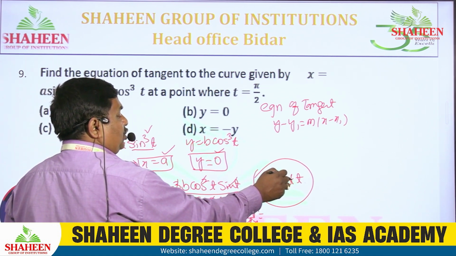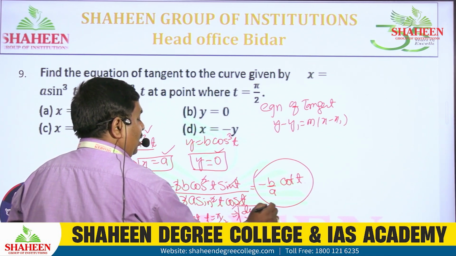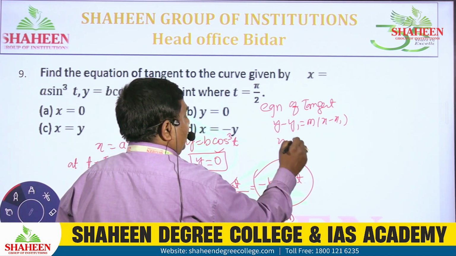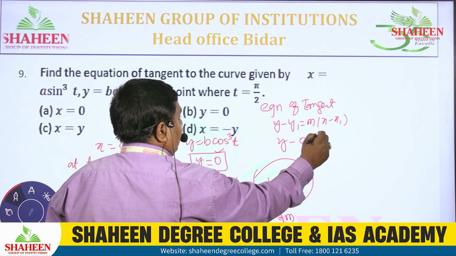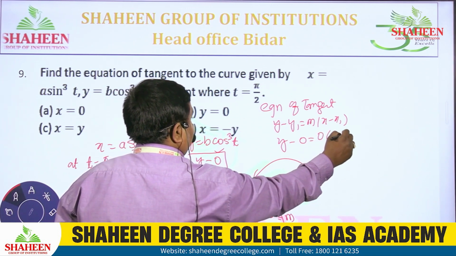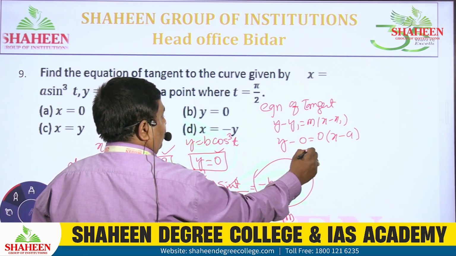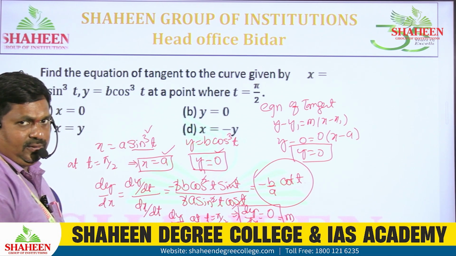Cot pi by 2 is 0, and 0 into minus b by a is 0, and this is nothing but the m. Y minus y1 is 0, m value 0 into x minus x1 is a. The 0 into anything is 0, so y is equal to 0 is the equation of tangent.